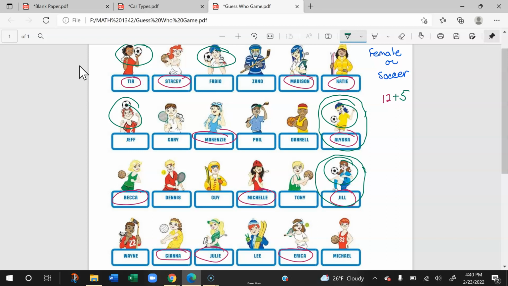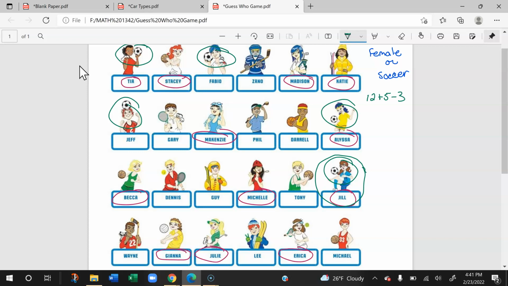In other words, if I just went through here and counted female or soccer, I would just count 1, 2, 3, 4, 5, 6, 7, 8, 9, 10, 11, 12, 13, 14. But if I do the addition of all the females plus all the soccer players, I would get 17. But I've got to subtract out those that were counted twice. So I would have 12 plus 5 minus the 3 overlaps.